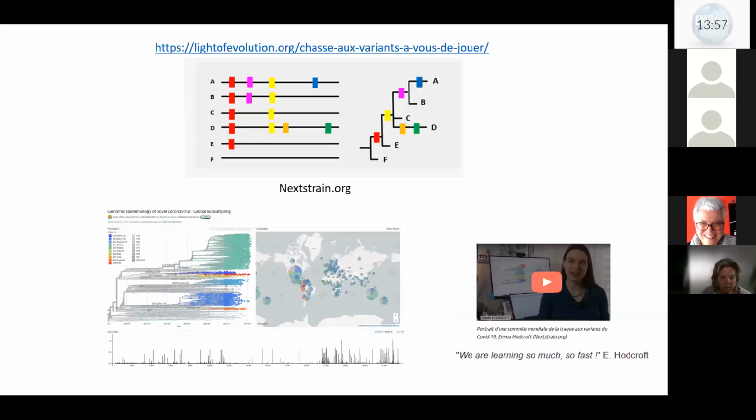We have also explained in more detail the work of NextStrain, to follow the pandemic with phylogenetic trees. We explain the different steps of how we can construct phylogenetic trees for the virus, having at our disposal the different genomic sequences. And this was done thanks to the help of Emma Hodcroft, who was really involved in this website.